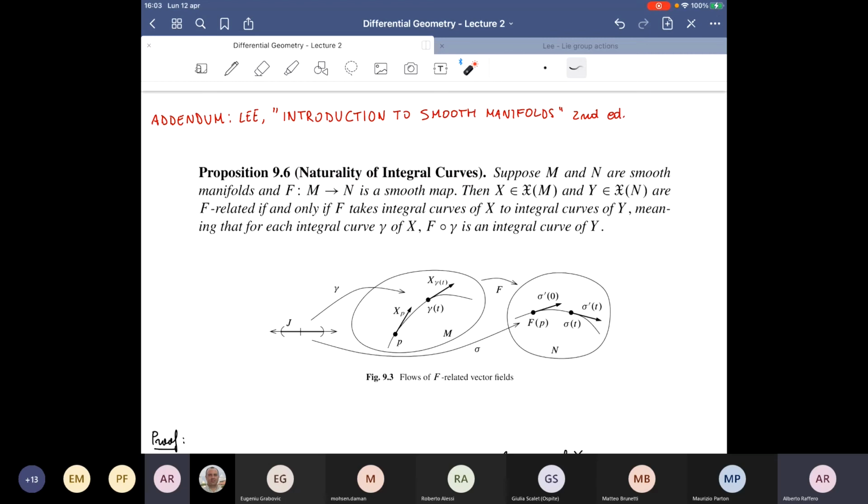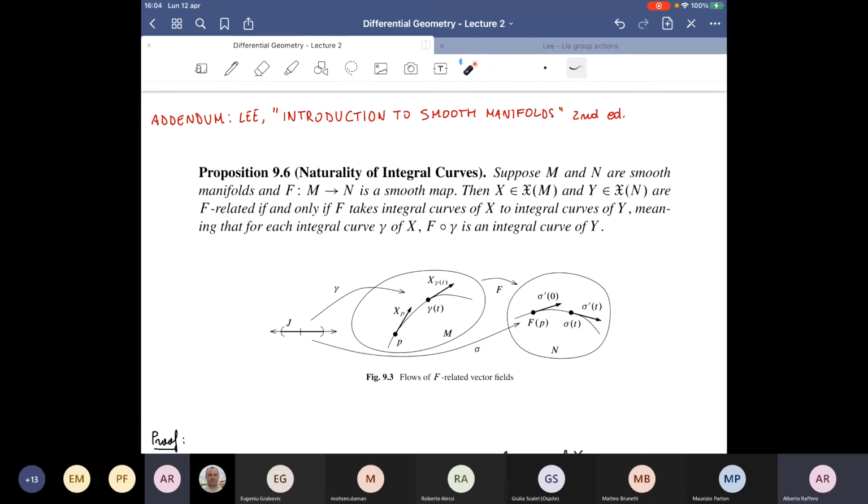And this tells you that having F-related vector fields means that there is a relationship between their integral curves that we discussed earlier. In particular, if you have two smooth manifolds and a smooth map between them, and you have a vector field x on M and a vector field y on N, then they are F-related if and only if this map F takes integral curves of x to integral curves of y.